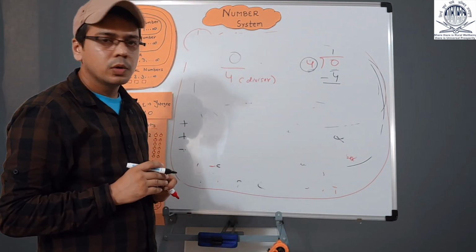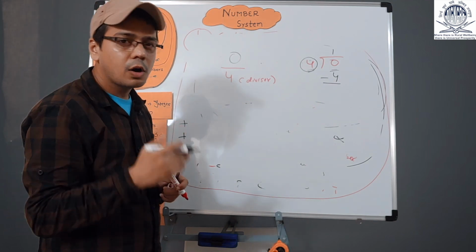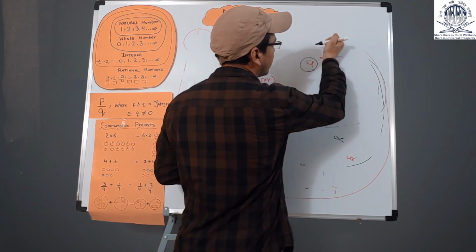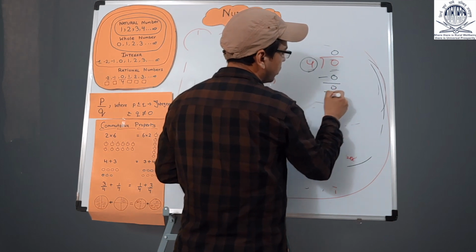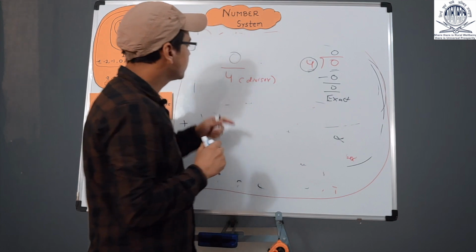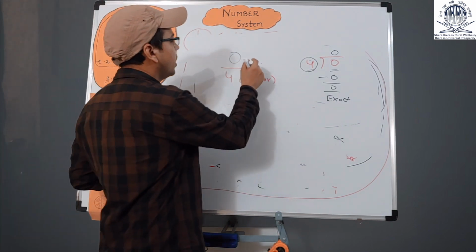So probably I can make it equal by trying 4 zeros are 0 and the remainder is 0. That means exact division. So yes, if you have 0 above and you divide by 4, you get the value 0.